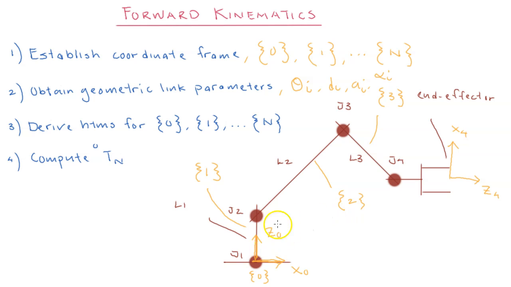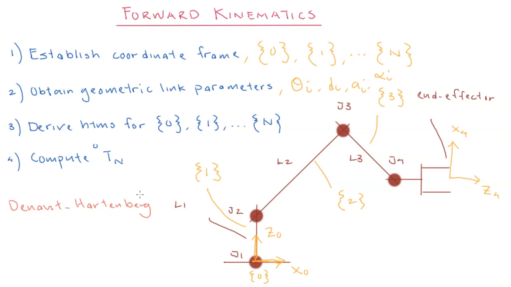If we consider this particular robot, because we have 4 degrees of freedom, we'll have 4 sets of these parameters, right? So n sets of parameters. These 2 steps will be carried out using the Denavit-Hartenberg representation that we will learn shortly. Basically, the Denavit-Hartenberg representation involves a set of algorithms to establish the coordinate frames and to obtain the geometric link parameters.